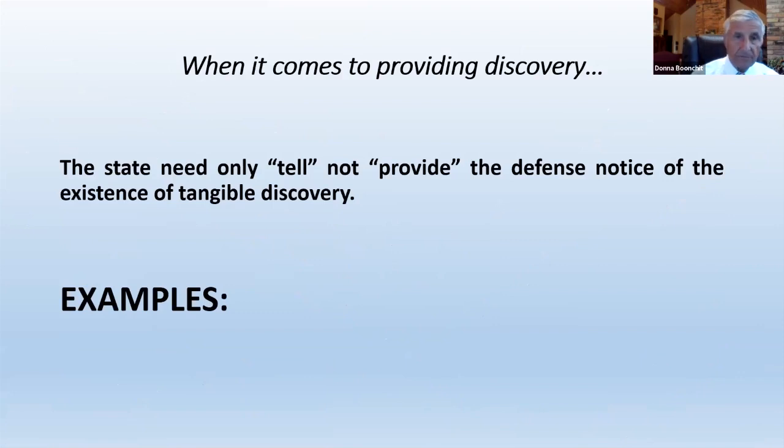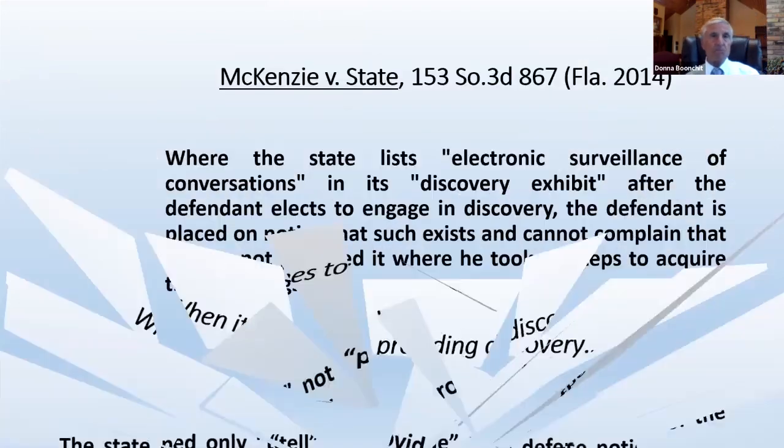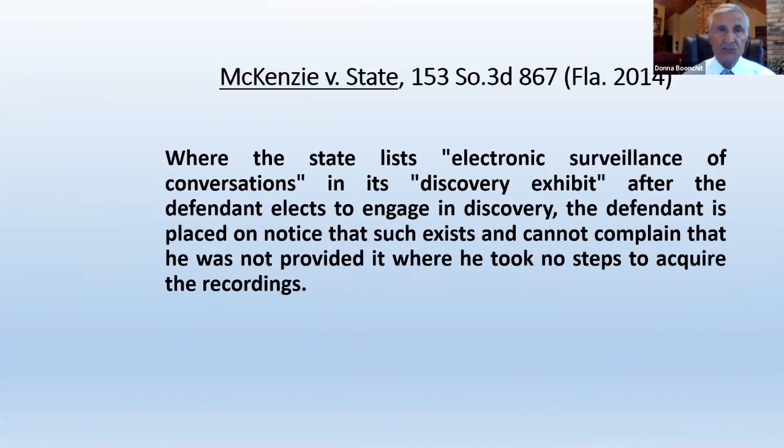But they just need to tell you it exists, not necessarily provide it. In McKenzie versus State, the Florida Supreme Court in 2014 said where the state lists electronic surveillance of conversations in its discovery exhibit after the defendant elects to engage in discovery, the defendant is placed on notice that such exists and cannot complain that he was not provided it where he took no steps to acquire the recordings.